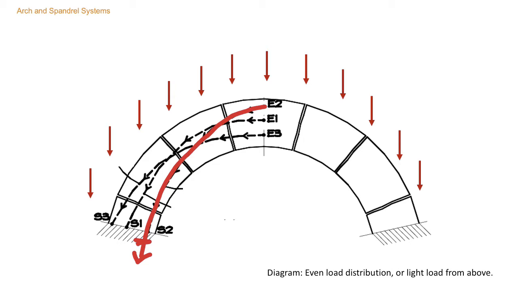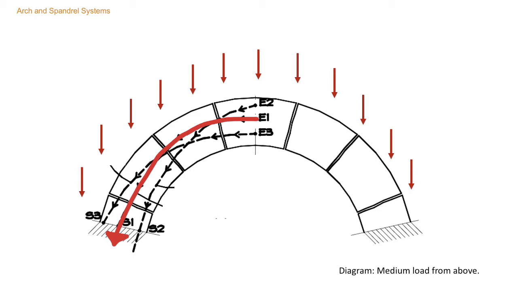If you see E2 and that squiggly red line that I've got going down, when a load is light on the top of the arch, those compression forces move through the stones of the arch themselves, staying within the boundaries of the arch. Under those conditions, the arch can successfully keep itself together.